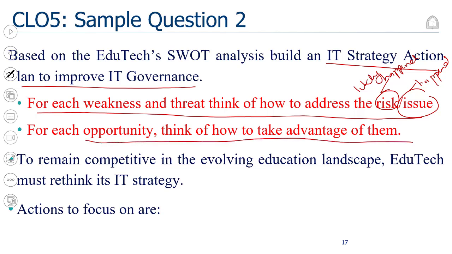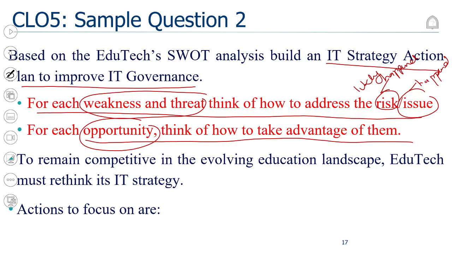So your action plan will always concentrate on your threats and risks and opportunities. Strength is already strength, so you are not concerned about the strength. It's your advantage. But look for your weaknesses and look for your opportunities, and then think of how you can address them.